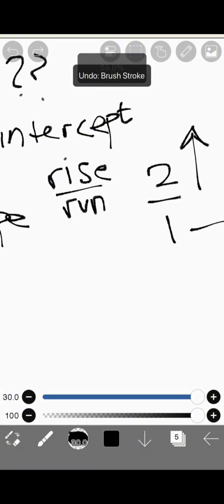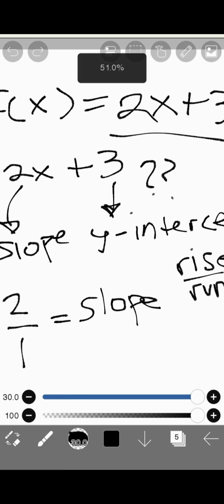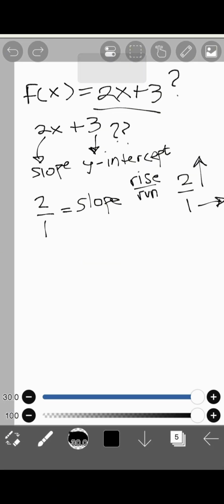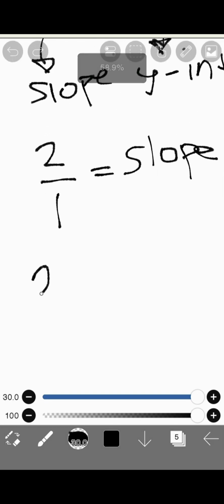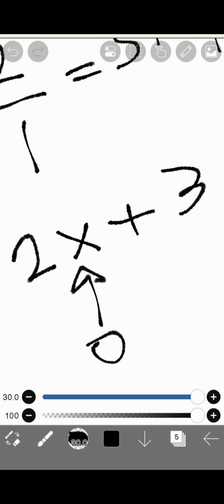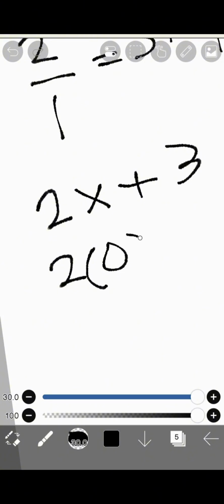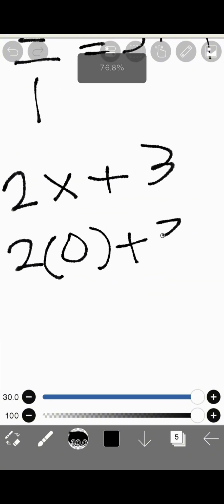But we know what the rate of change is, but we don't know where to start with our graph. So that's why we have the y-intercept. When we say y-intercept, we say that in the function, x is 0. So let's substitute 0. So we have 2 times 0 plus 3.